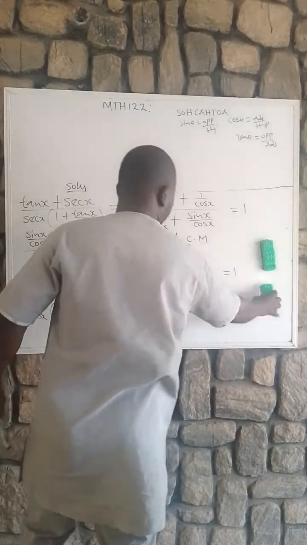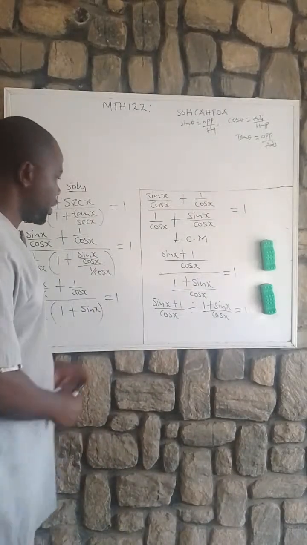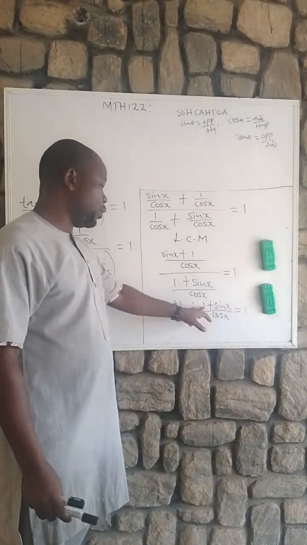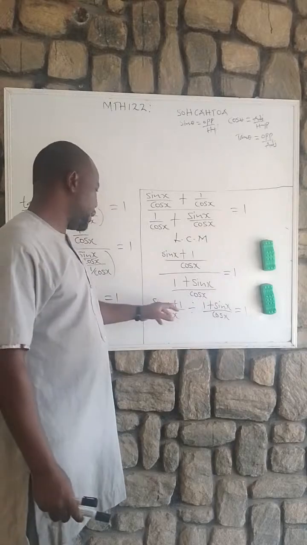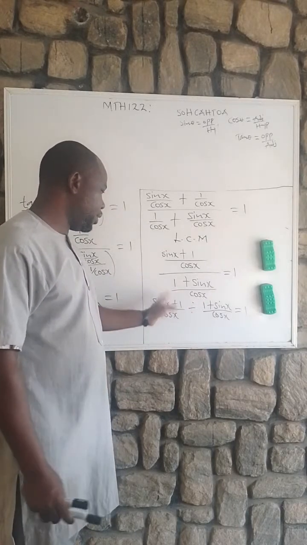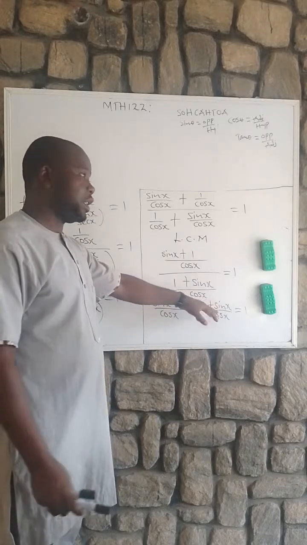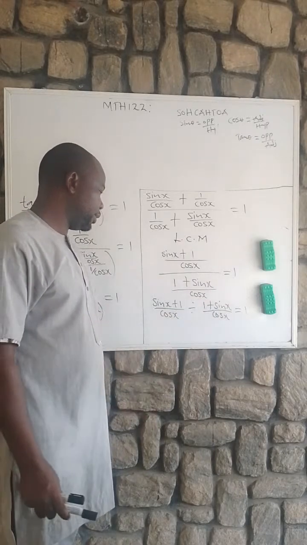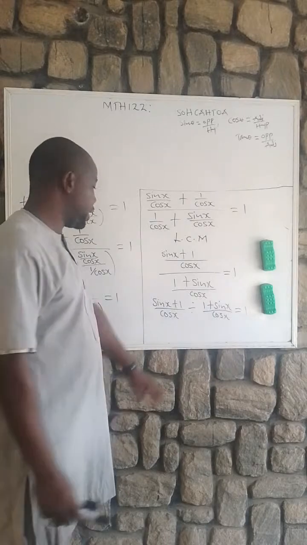So if you can see what I am saying, here we have 1 before sine x, here is sine x before 1. So whichever way we want to leave these two, so that it will look orderly. Is that clear?